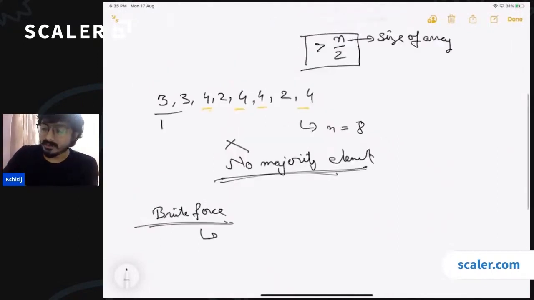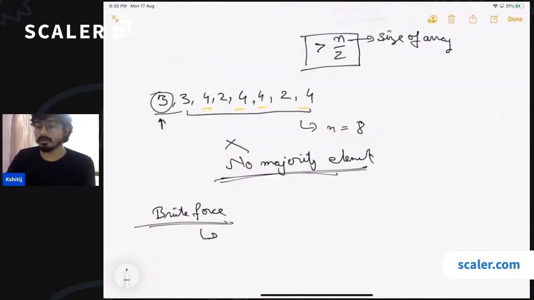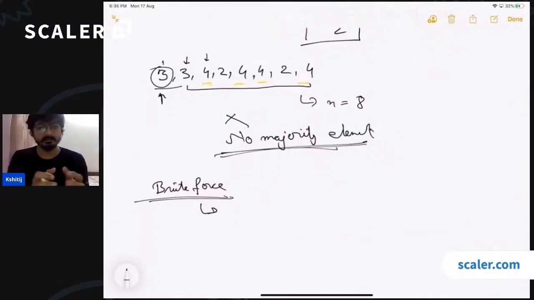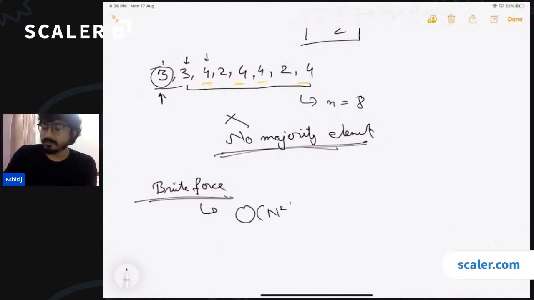You will start from the first element, select it, then check in the remaining part the total occurrences of this element. If the total occurrences is greater than n by 2, you can return it. Then you check the next element, and so on. So you will have 2 loops. One selects a prospective candidate, the other checks if that element is a majority element or not. This approach is going to cost you order n square time.